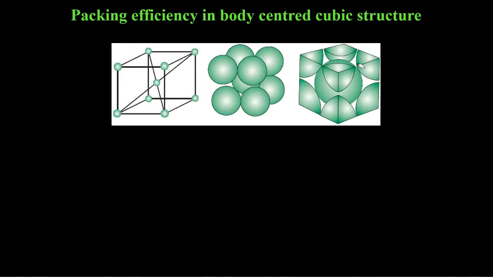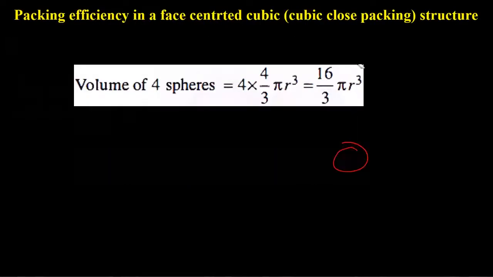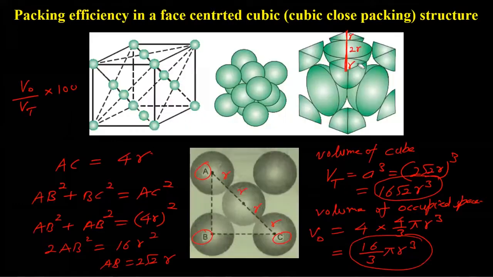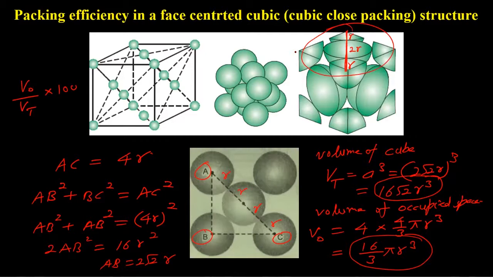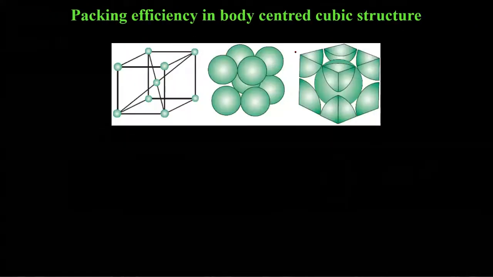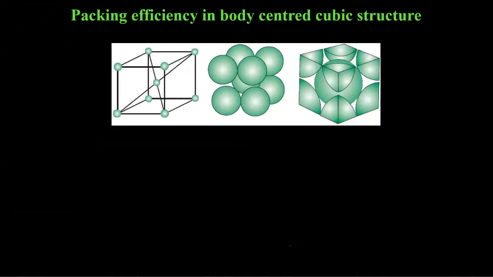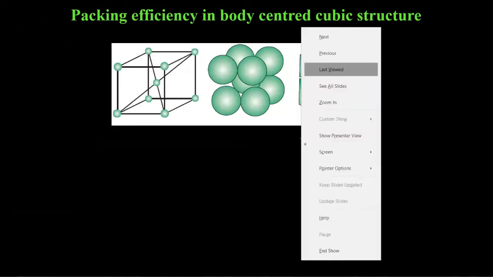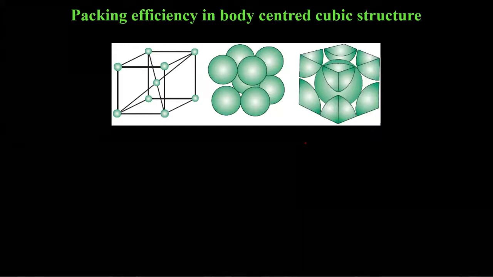Here we need to consider the body diagonal instead of the face diagonal. In the previous case, we considered the face diagonal, the diagonal of the face. In this case, we will consider the body diagonal, meaning from one end to the opposite end of the body.